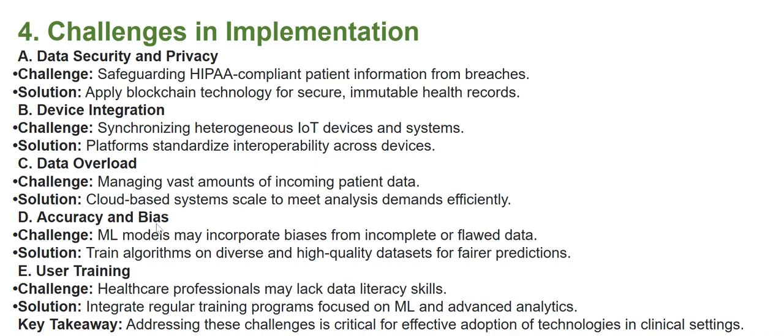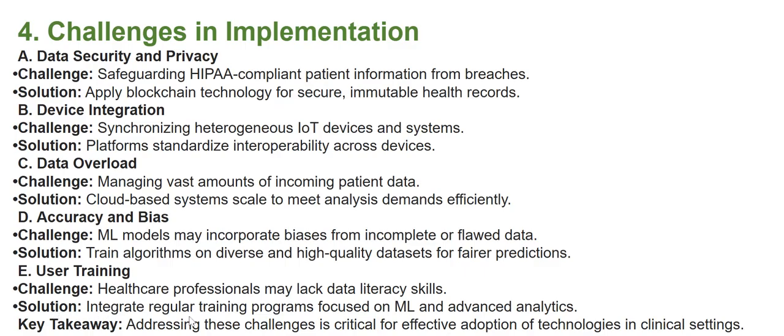Accuracy and bias, or accuracy and errors. The challenge with ML: machine learning models may incorporate biases or errors from incomplete or flawed data. The resolution is to train algorithms on diverse, high-quality data sets for fairer predictions. User training: healthcare professionals may lack data literacy skills.